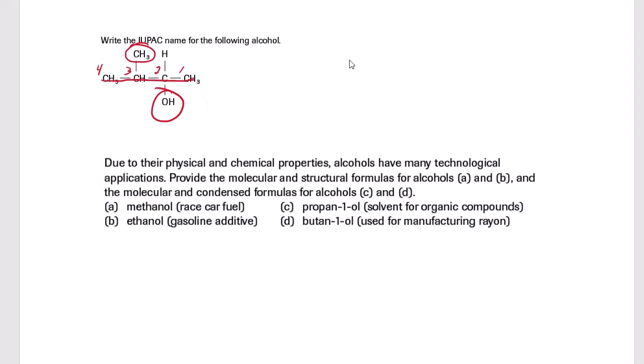So we would write it out as butane. And there's a methyl on carbon 3, so it would be 3-methylbutane. To specify the hydroxyl, though, we're going to drop this last E and we're going to replace it with an ol, but we need a locant to specify where the hydroxyl is. It's on carbon 2.